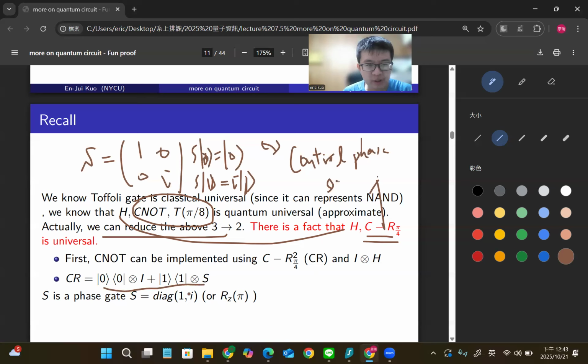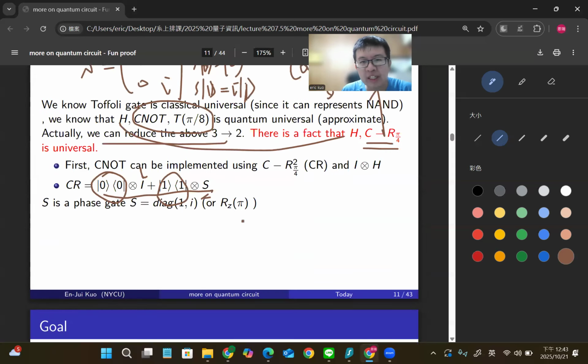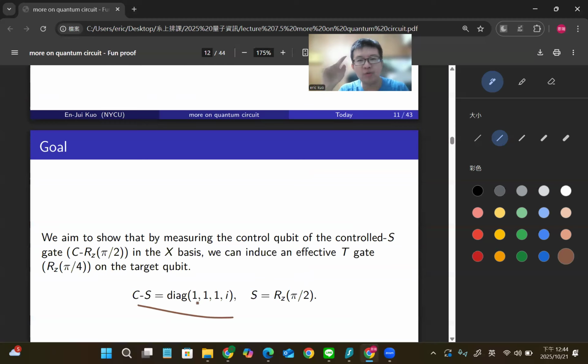Mathematically, CS is the control phase gate, meaning that if the first qubit is 0, I apply identity to the second one; if the first qubit is 1, I apply the S gate. Because they are all diagonal, in terms of matrices it's just diagonal of 1, 1, 1, i. Let me use CS as my shorthand notation. My claim is that this simple 1, 1, 1, i can give you the T gate.